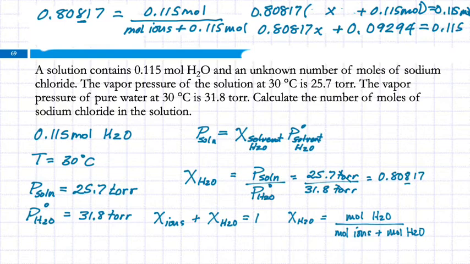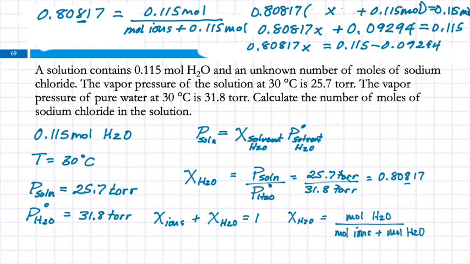If you're good at algebra, you can do this without writing everything out, but it's a good idea to write it out. 0.80817x is equal to 0.115 minus 0.09294. So that equals 0.022056, something like that.